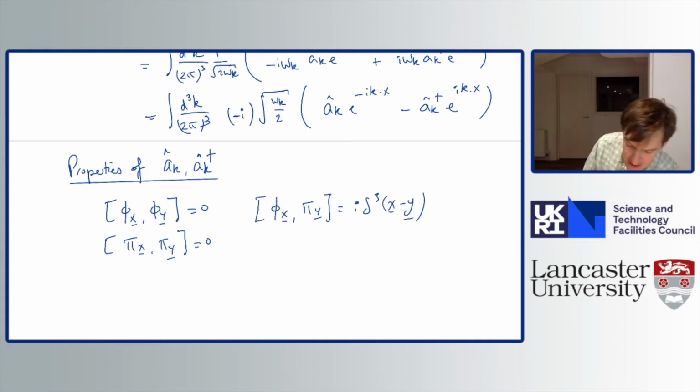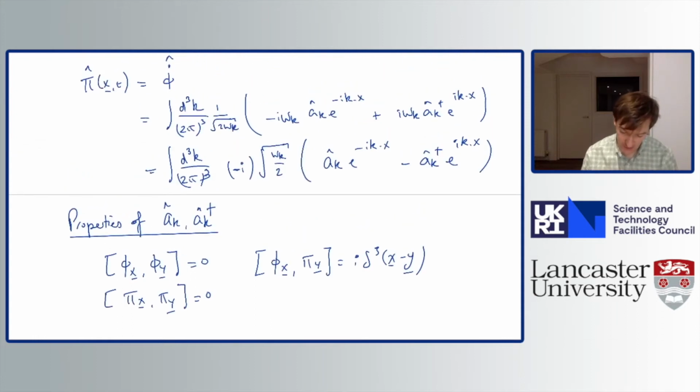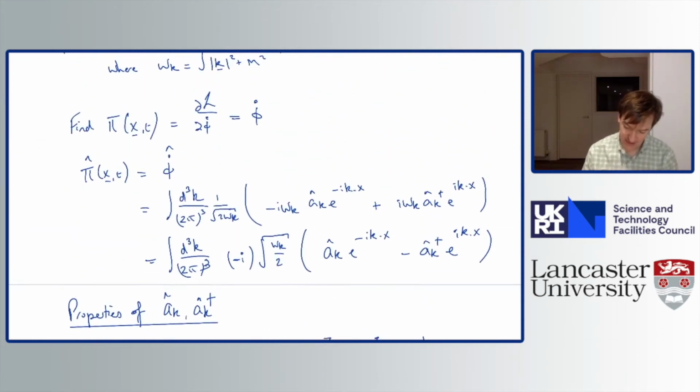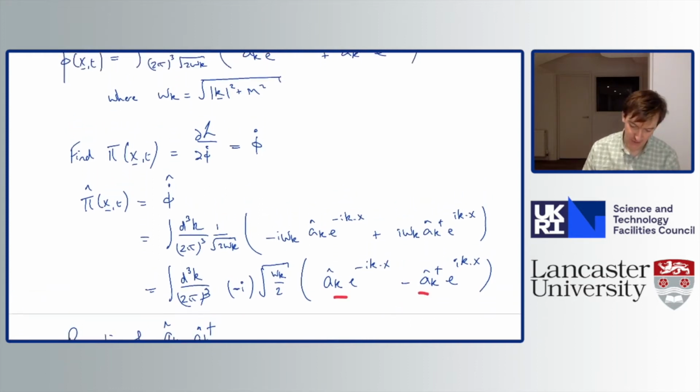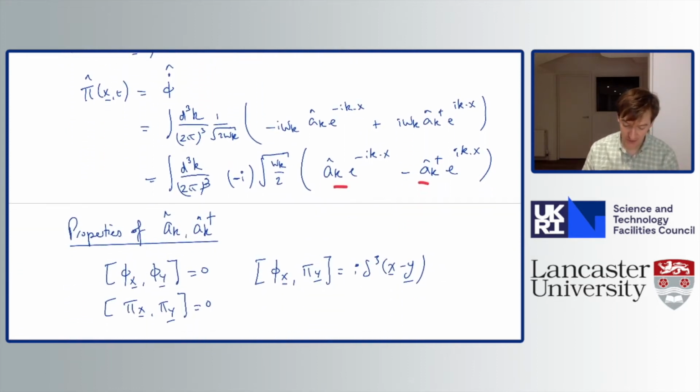Okay, so what we would like to find is the set of commutation relations that must be satisfied by a k and a k dagger. Let's go ahead and do that. We can get those by expressing our a k and a k dagger in terms of fields that we know the commutation relations of, namely the pi and the phi fields.